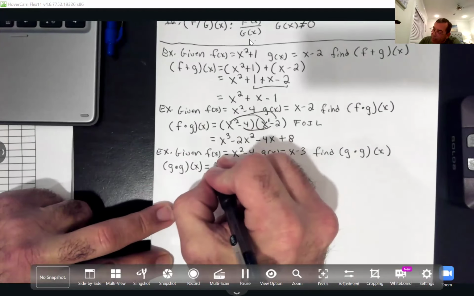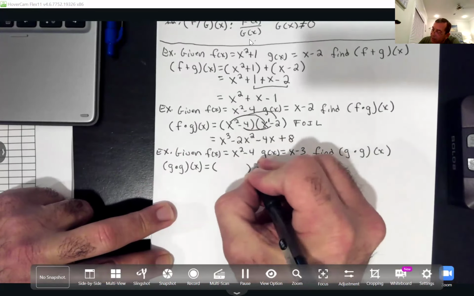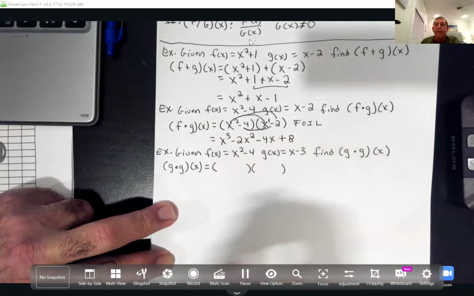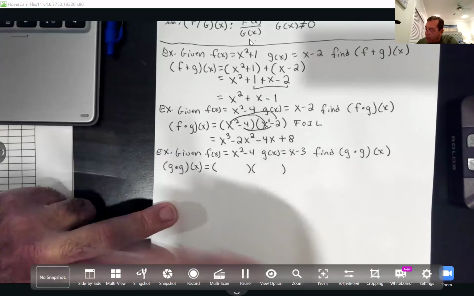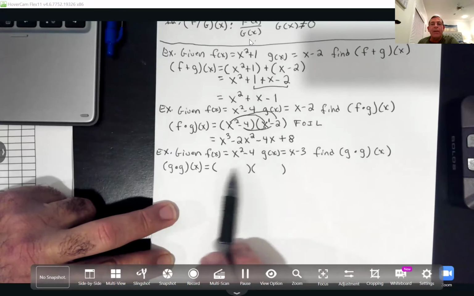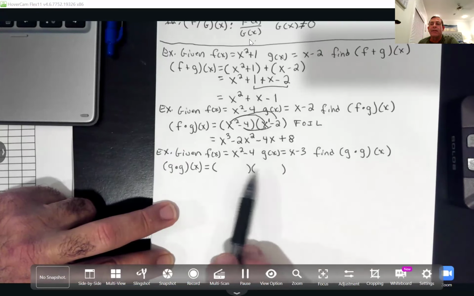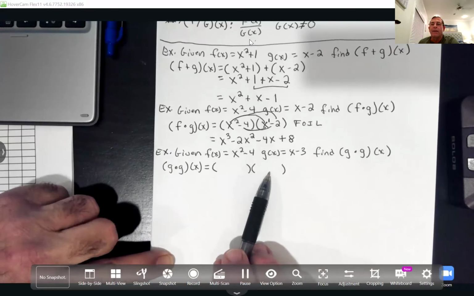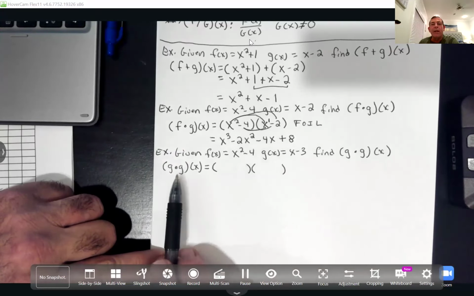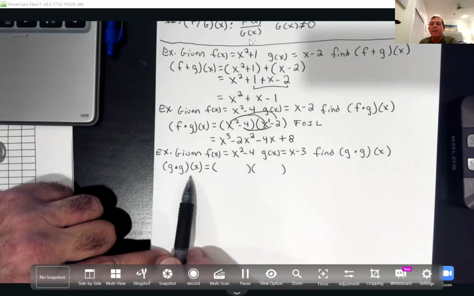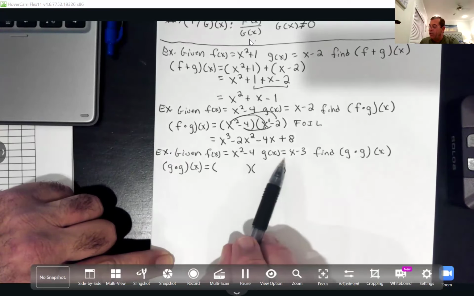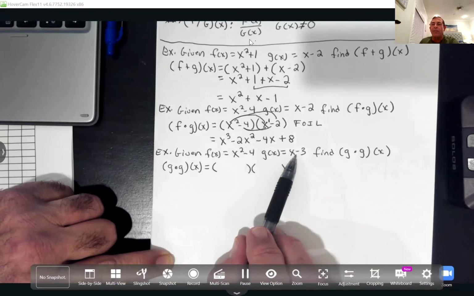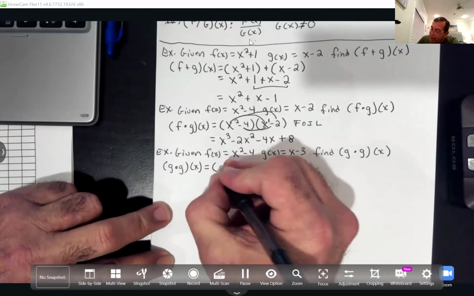So I'm going to use my parentheses. But y'all, here's the question. What are you putting in these parentheses? Because look what they want here. They want g times g. Well, g is x minus 3, right? So I'm going to put an x minus 3 here.